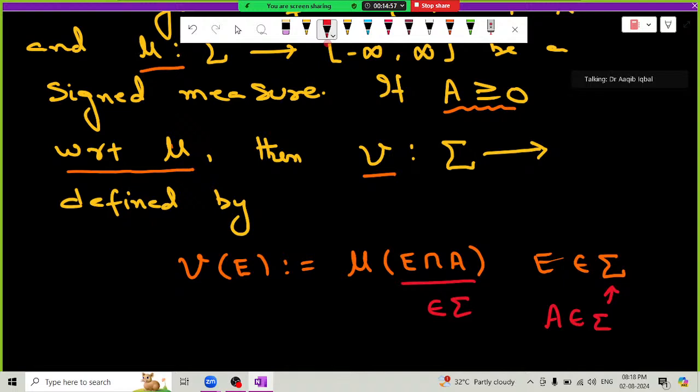And this being E intersected with A, that means it's a portion of A. So it's actually a measurable portion of A. और A जो है, A is a positive set. So therefore the mu signed measure of this measurable portion of A will be greater or equal to 0, and that is the reason this nu takes values in 0 infinity. So it's a function defined on sigma algebra, takes values in 0 infinity.